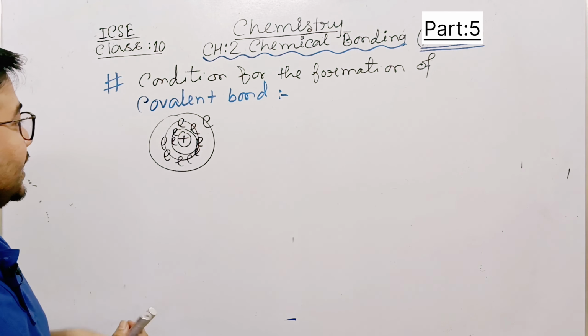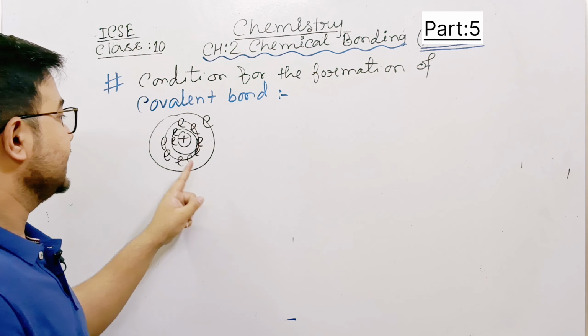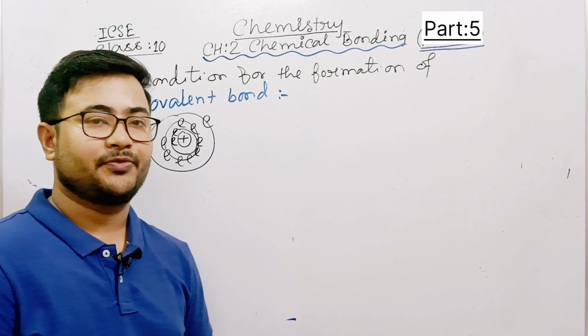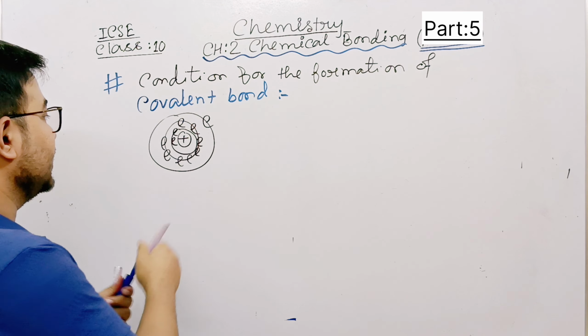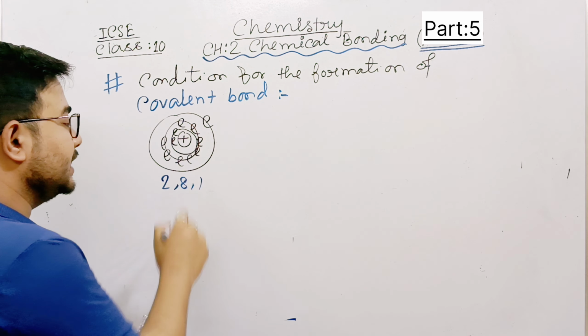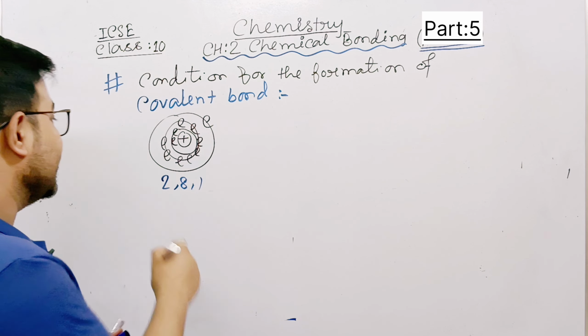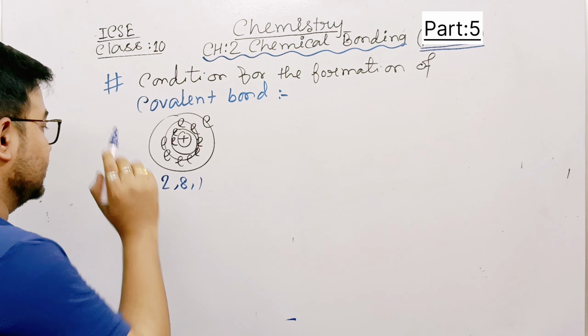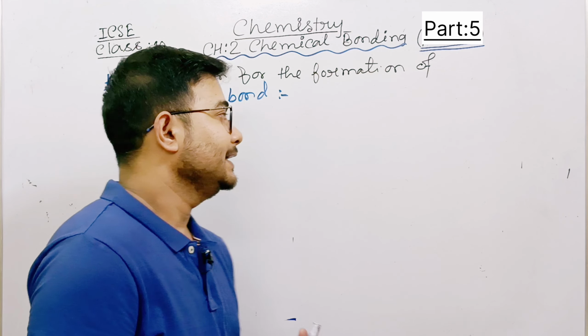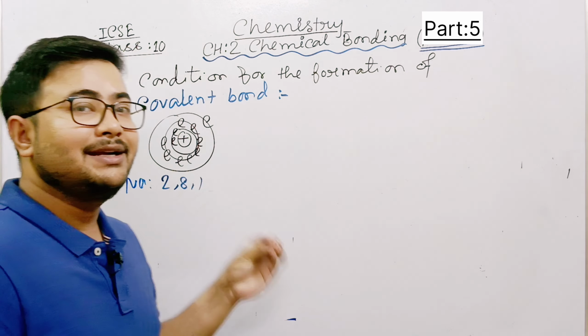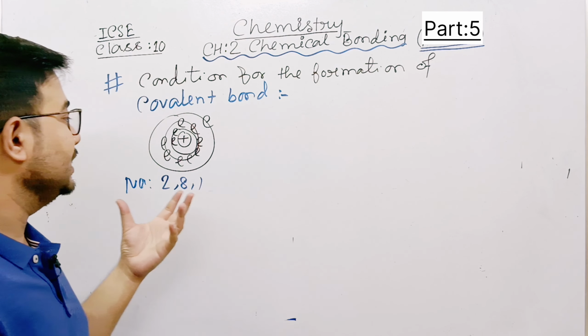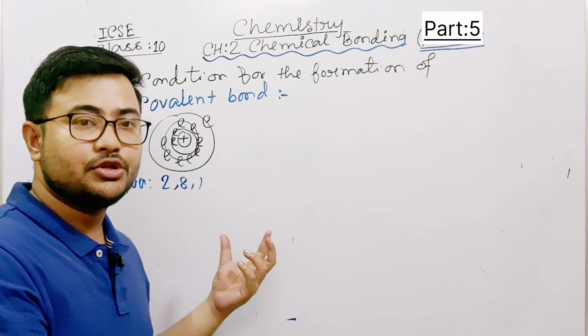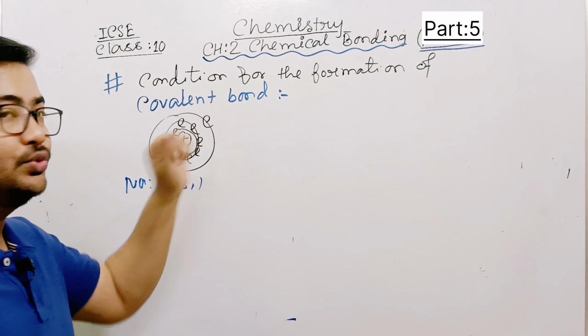Look at the board: first shell contains 2 electrons, second shell 8, last shell 1. So now it looks like 2, 8, 1, that is sodium. Forget about the element, just try to understand the concept first. Tell me, to get stability, this atom will try to lose or accept? So it tries to lose.